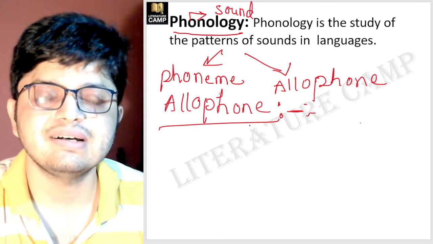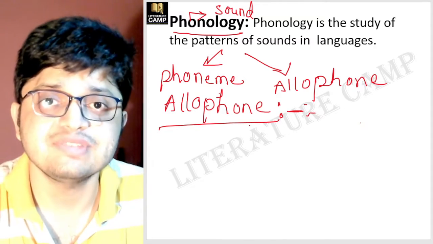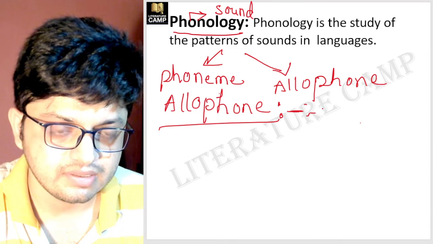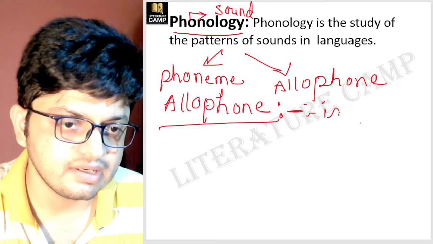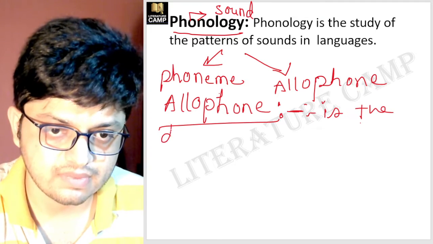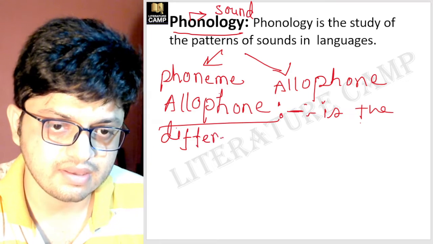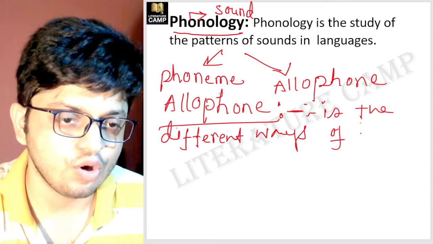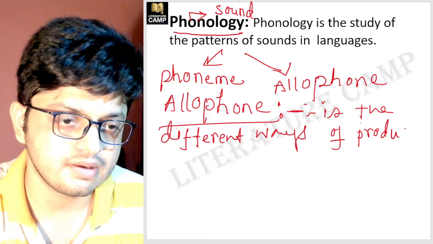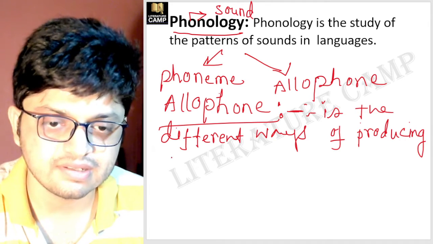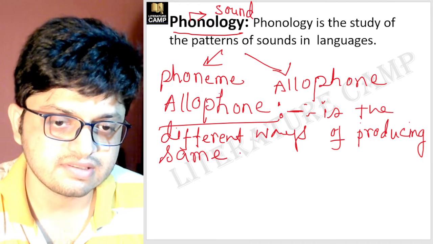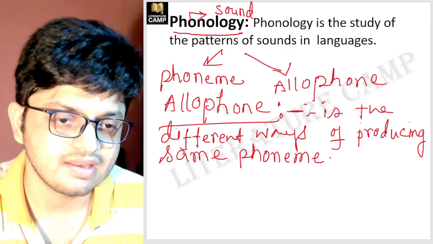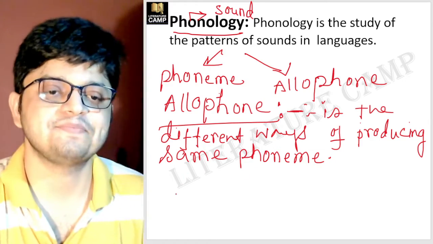Allophone is the different ways of producing the same phoneme. Let me write it down. Is the different ways of producing same phoneme. Let me give an example to make it clear.